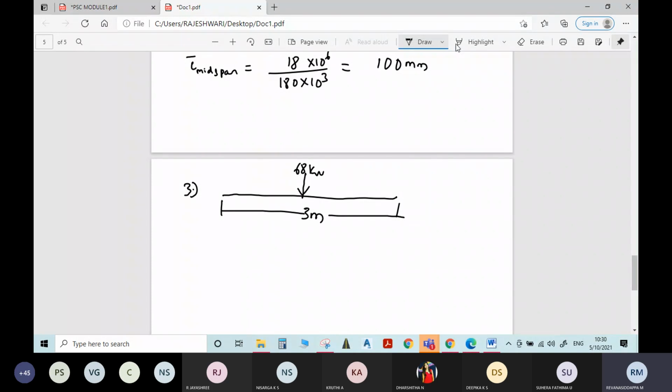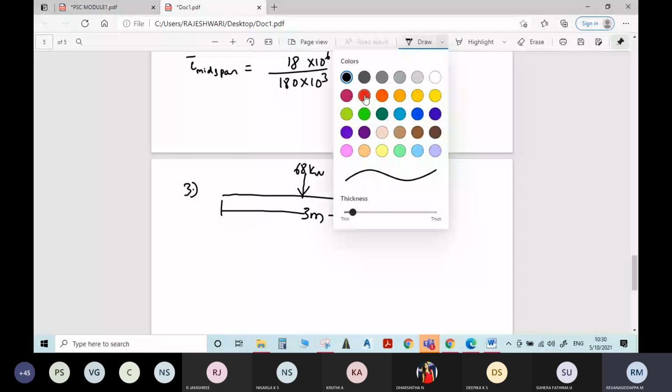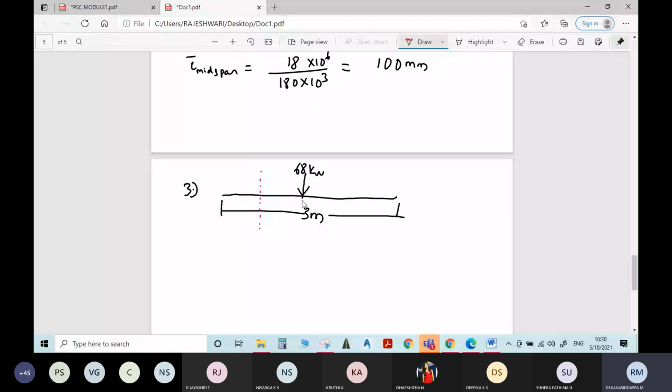Then in the problem it is asked to locate the pressure line at quarter span and at center span. Quarter span means how much it becomes? Length 3 by 4, one-fourth of 3, that is 0.75, right? And 1.5 meter, half of the length.